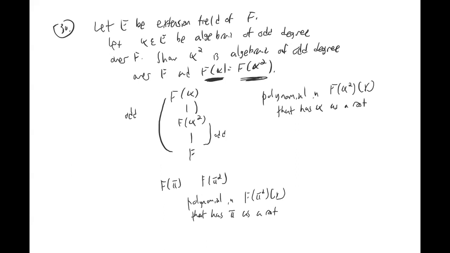So it's quadratic. Yeah, x squared minus pi squared, right? This has pi as a root, and this polynomial is in here, because pi squared is an element of F of pi squared, and certainly 1 is an element of F of pi squared. Does everyone get it? So what is my polynomial here?